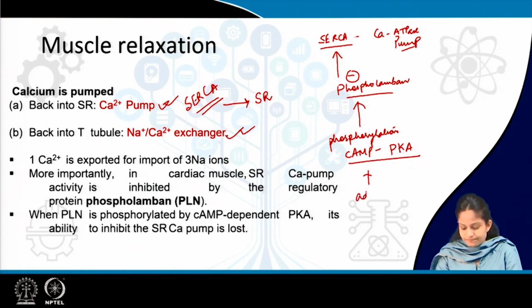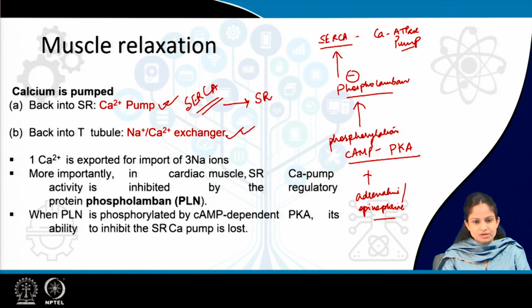So, the SERCA pump, which is usually kept inhibited by the phospholamban molecule, has its inhibition wiped off whenever there is a phosphorylation by cyclic AMP protein kinase activity, and this is usually done in case of drugs by adrenaline or epinephrine.